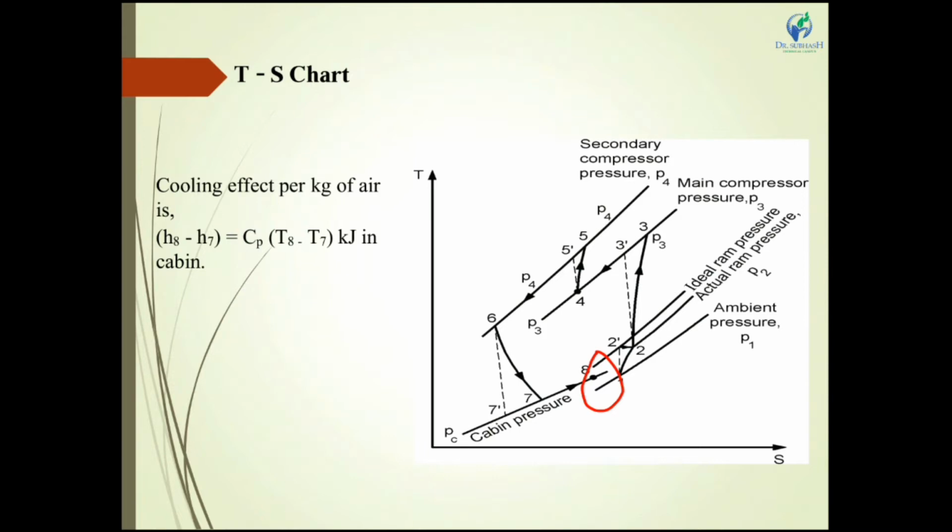The cooling effect per kg of air is H8 minus H7, which is called the net refrigeration effect. The enthalpy difference, from the higher enthalpy to the lower enthalpy, is equal to Cp, the specific heat at constant pressure, times the temperature difference T8 minus T7, in kilojoules in the cabin. This is the diagram.